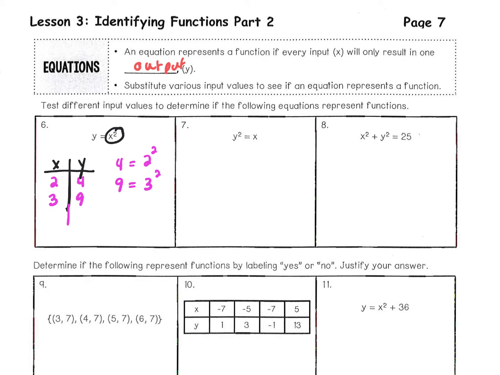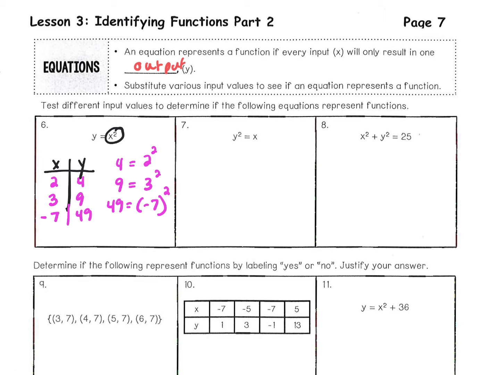If my input, let's go ahead and use a negative number. If I have -7 as my input, and by the way, when you use a negative number, you have to enclose it in parentheses and then put the exponent. So -7 times -7 is going to be 49. As we're testing these, each one of these x values has 1 output.